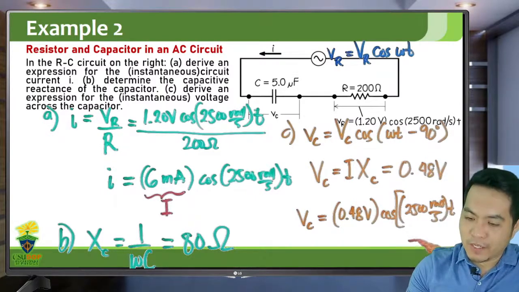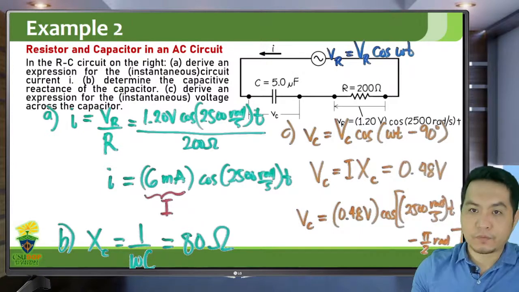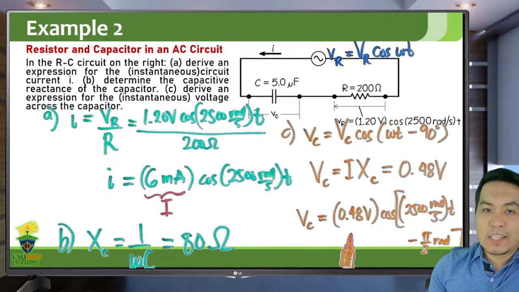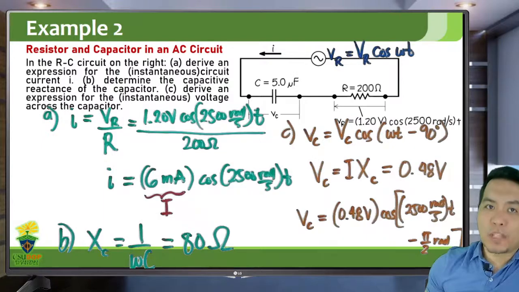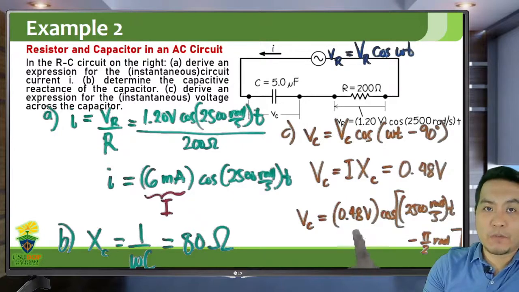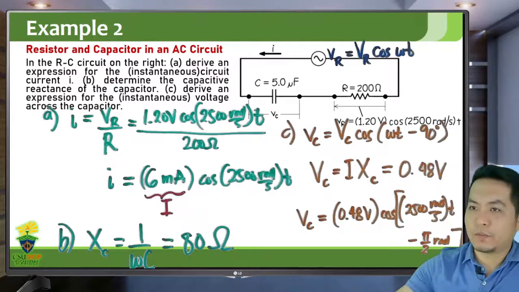So that is minus pi over 2 radians. So this is now the expression for the instantaneous voltage across this capacitor. Take note, the voltage changes with time, and the maximum voltage there is 0.48 volts.